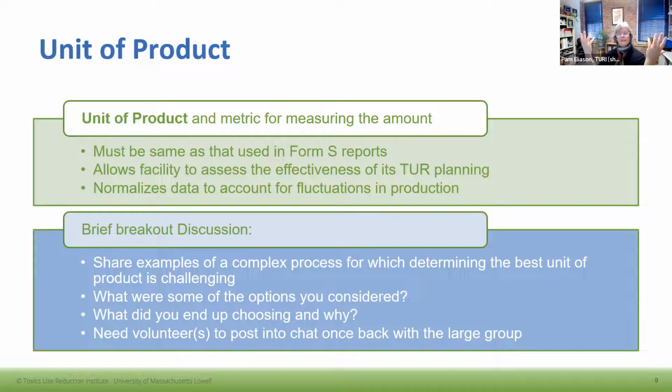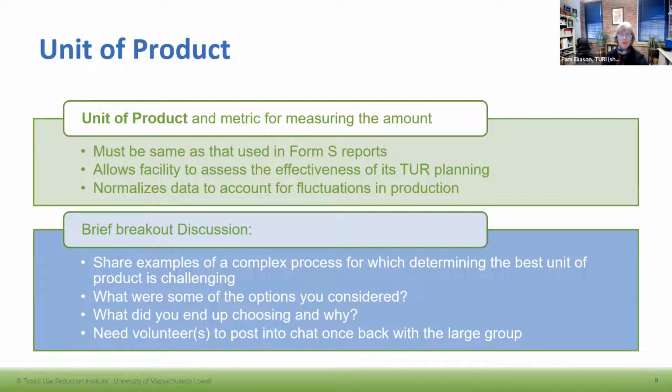If you have a sudden increase in production and your raw use of toxic chemicals goes up, you will still be able to see that you're achieving toxic use reduction if you're able to report your use of chemicals on a per unit of product basis. And so a lot of the reporting and a lot of the planning talks about what is the total amount of chemical used or in byproduct, and what is the amount per unit of product.